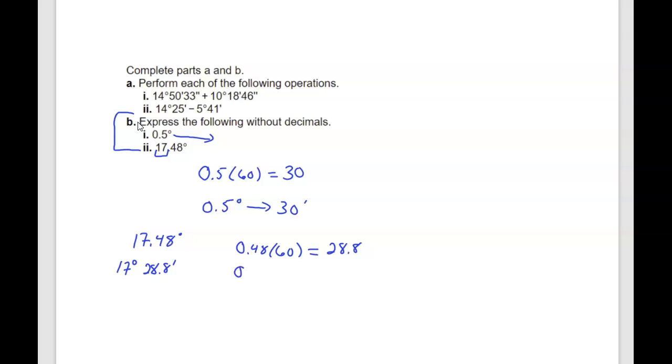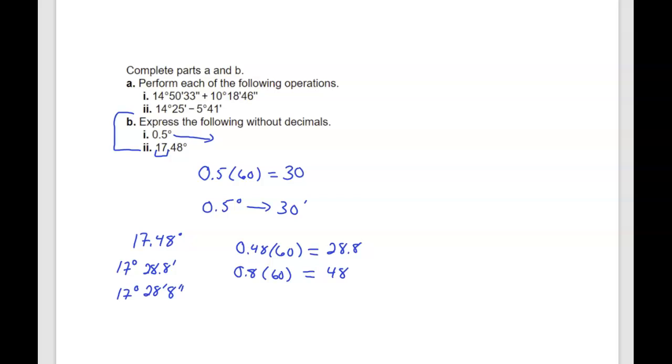So I'm going to take the 0.8 from the minutes and multiply it by 60 because there's 60 seconds in a minute. And when I do that, I get 48 seconds. So that now changes that to 17 degrees, 28 minutes, 48 seconds.